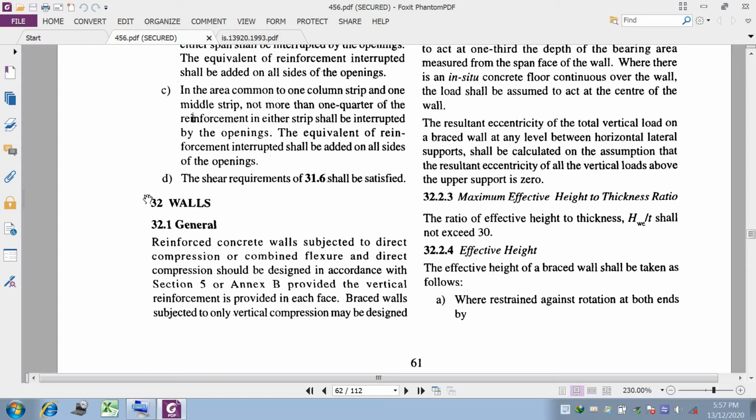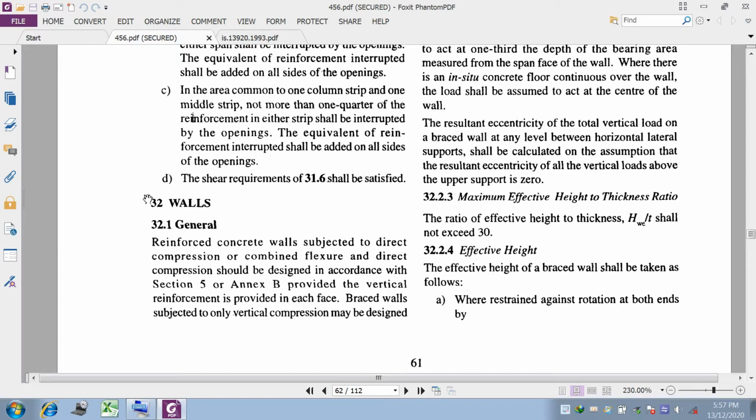As per IS 13920, we can preferably design the shear wall to be more ductile than as per IS 456. Okay, so let us see step by step. First of all, we will see the main and basic codal provisions for the generalized requirements of the shear wall as per IS 456.